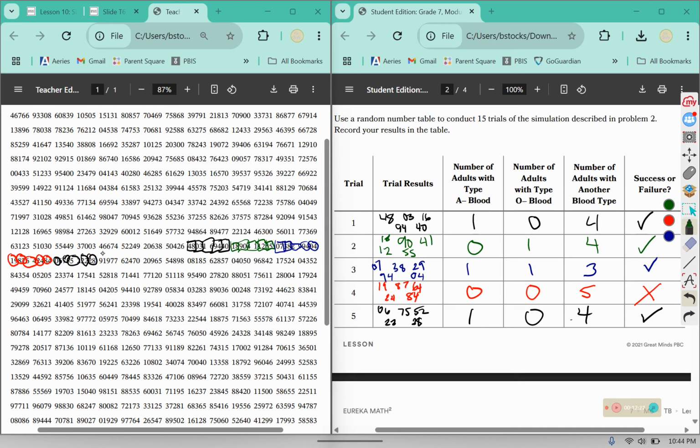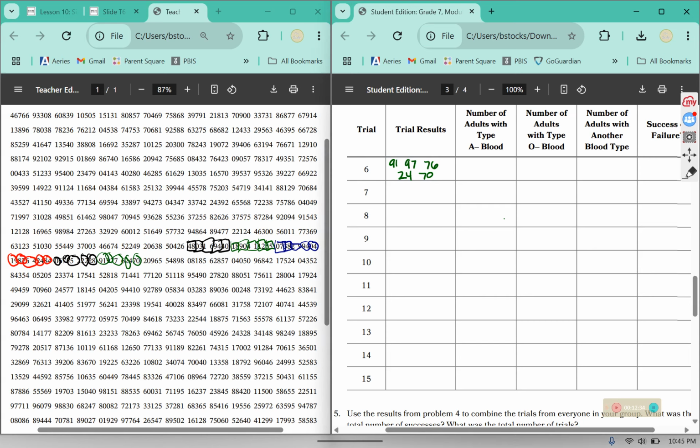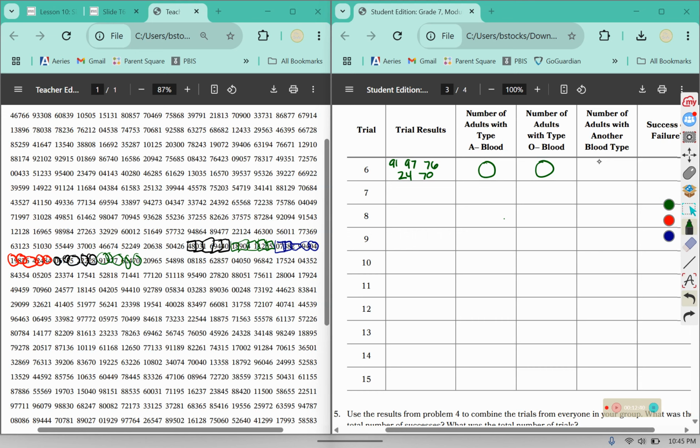And in the next one we had 91, so that'll go in row 6. 97, 76, 24, and 70. There aren't any from 1 to 6 or any from 7 to 13, so that one is a failure.